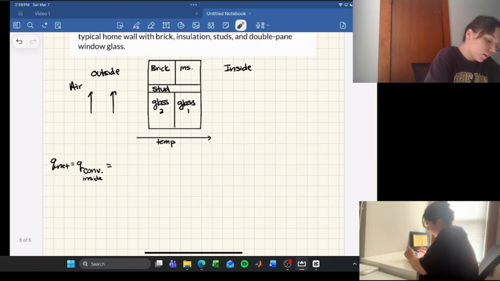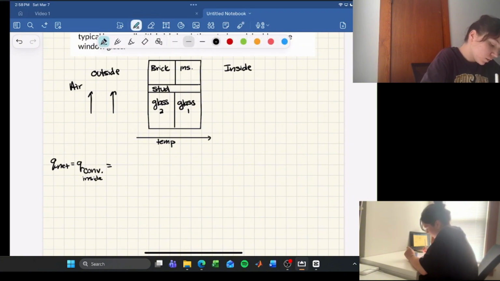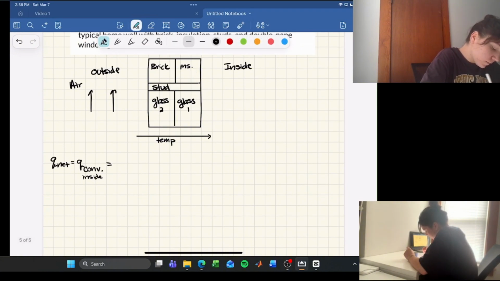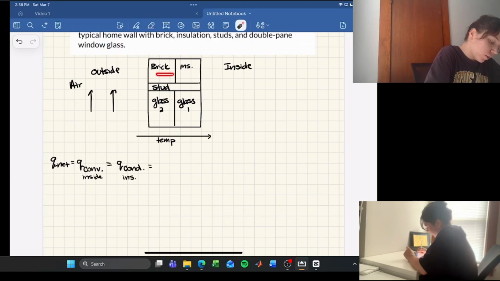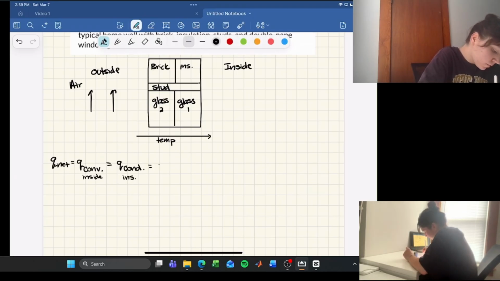And then we have the heat flow from the insulator to the brick. So this is going to be heat flow by conduction of the insulator. And that's equal to the heat flow through the brick, still conduction.